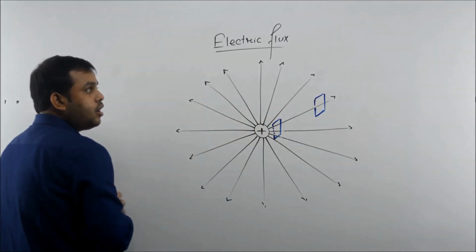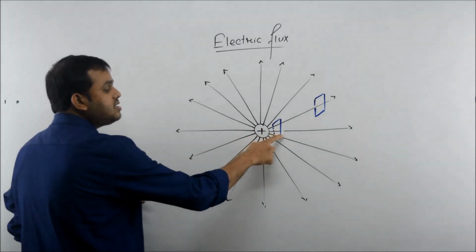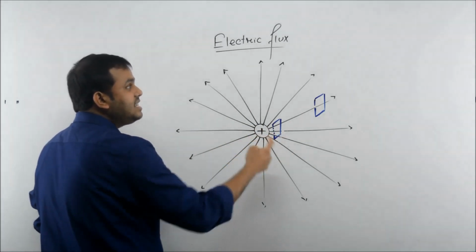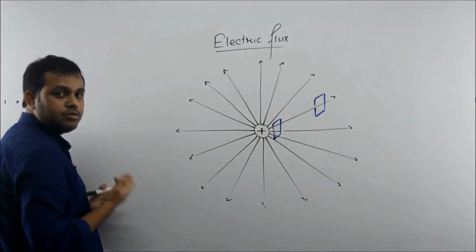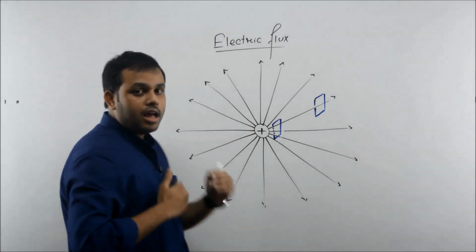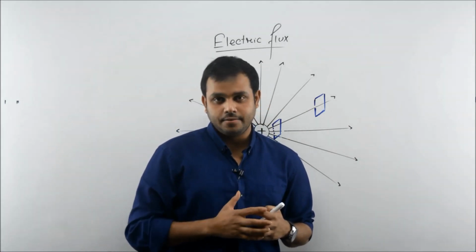Clear, students? Or you can say that electric flux through this surface is greater than electric flux through this surface. So I hope the concept of electric flux is clear.